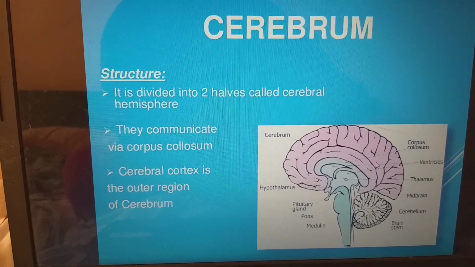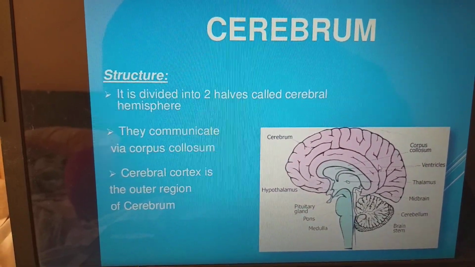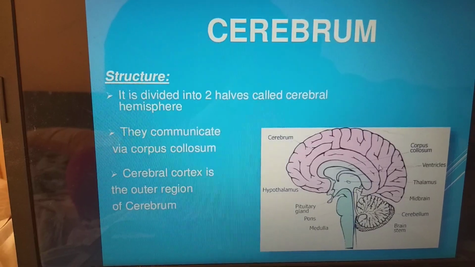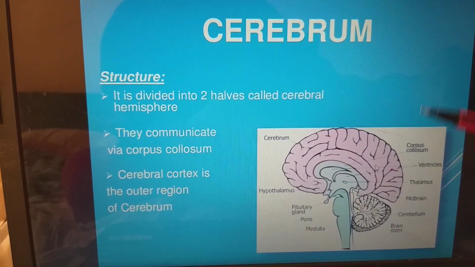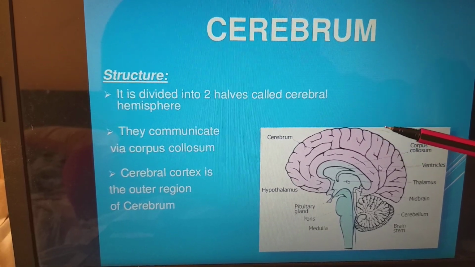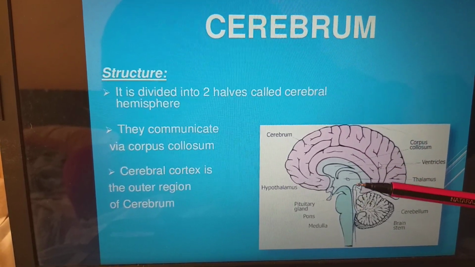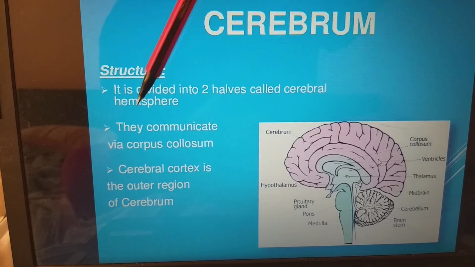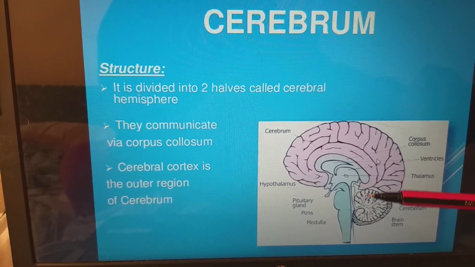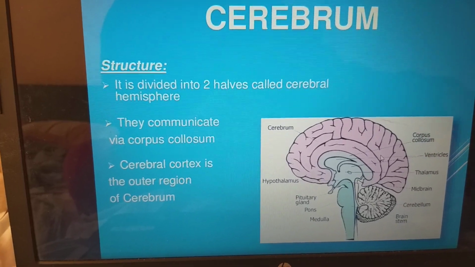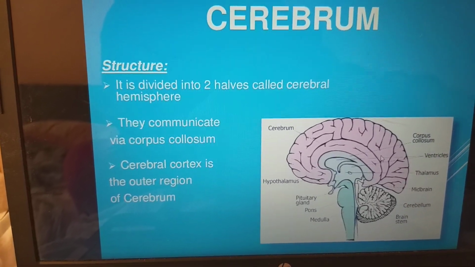Cerebrum. Structure: it is divided into two halves which we call cerebral hemispheres. The whole brain is like a sphere. If you cut it into two halves, it will become hemispheres. They communicate through the corpus callosum. Corpus means body, callosum is the connection which connects the right hemisphere with the left hemisphere. Cerebral cortex is the outer region of the cerebrum.